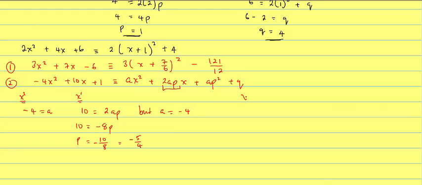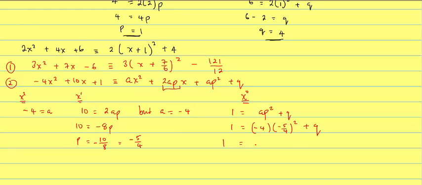Taking coefficients of x to the power of 0, in other words the constant terms, on the left hand side we've got 1 is equal to ap² + q. Substituting the values we've just found, a is equal to negative 4 and p is negative 5 over 4, squaring that and then adding q.